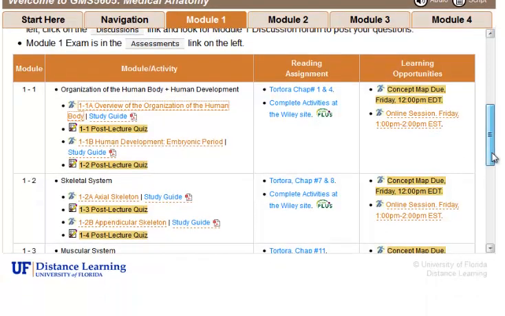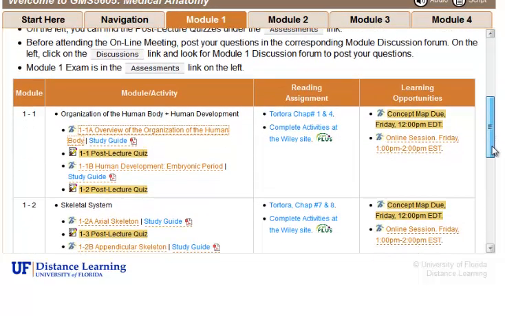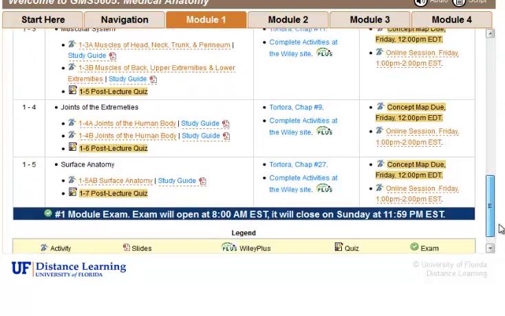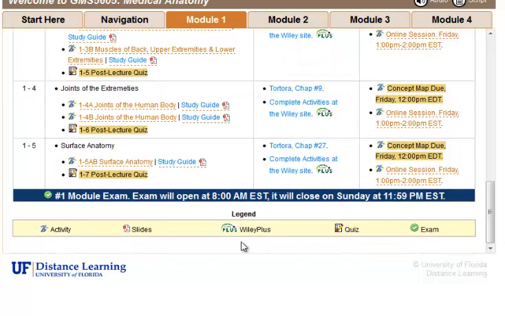And each module has a number of units as well. In this case, the first one has 5 units, and at the end of that unit there is a module exam that also has an opening day and time and a closing day and time.